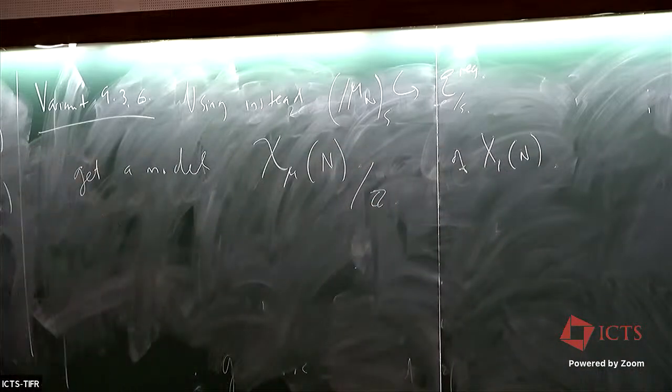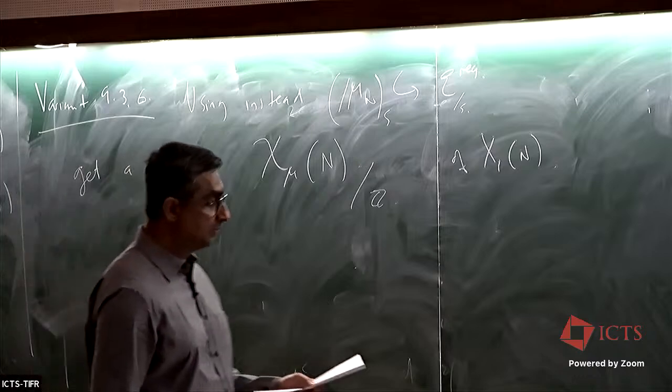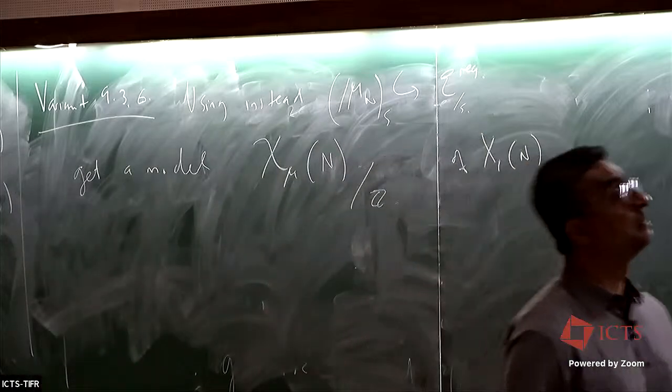You can also define T_p on this model, which I won't get into. I think I defined T_p explicitly enough times. Okay, so finally the punchline, the Q expansion principle.